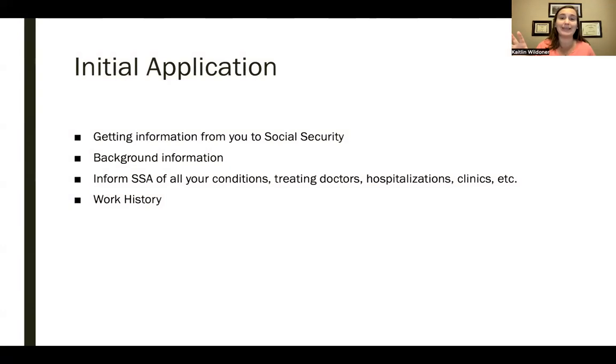And once you get all of that information over to them, they will look to first make sure you meet the secondary prong, which is either that you have enough work credits under SSDI to qualify for that program, or if you're applying for SSI, then they're going to make sure that your income and assets are below the required thresholds. I did mention before the asset threshold for SSI: $2,000 in assets if you're single, $3,000 in assets if you are married. There's also income restrictions.